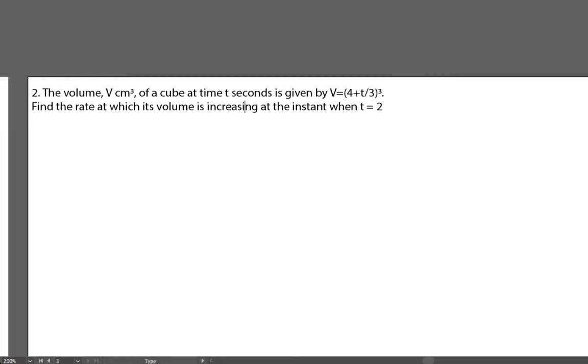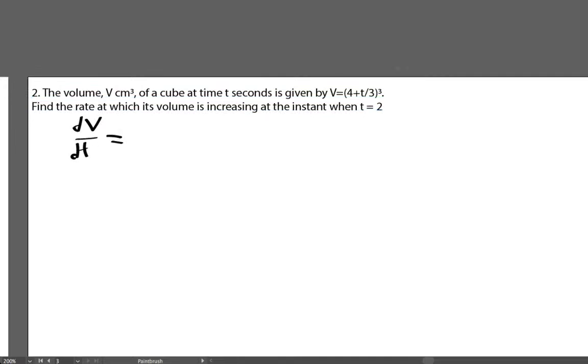Instead, we want to find the rate of the volume, the dv over dt. Well, we can just solve this pretty quickly actually. dv over dt, the change of volume over the time here. Let's go and figure that out.